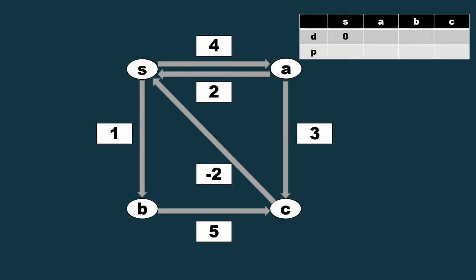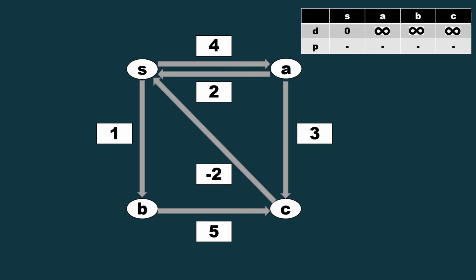We will start to fill the distance array D. As S is the source vertex, we fill it with value 0, and the rest with infinity. And fill the predecessor with a line.